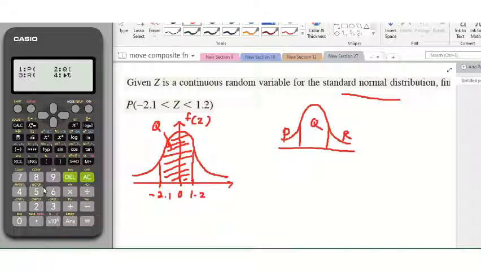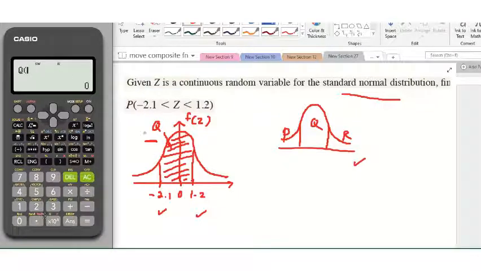Okay, normal distribution will show you P, Q, R, like what I have told you and explained just now. For the use of the calculator, we follow this rule: P, Q, and R based on the shaded region drawn in the solution. Right now our diagram is like this, and the values are negative 2.1 and 1.2 by using Q mode. Okay, right now we choose Q.